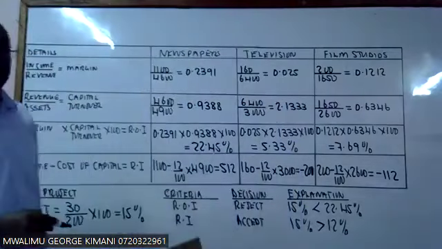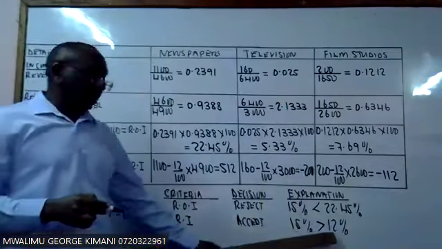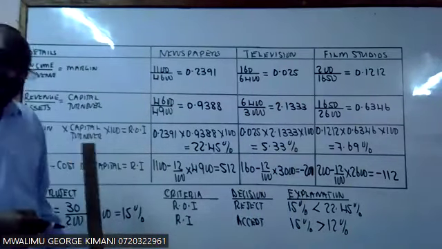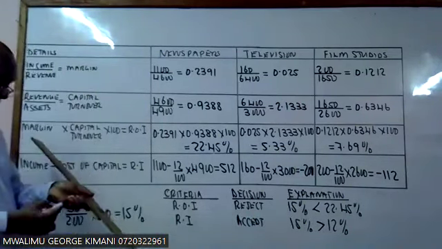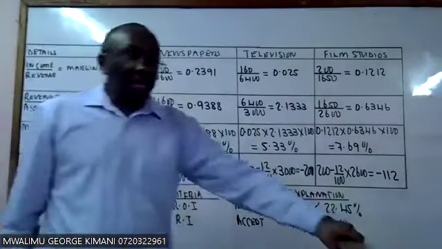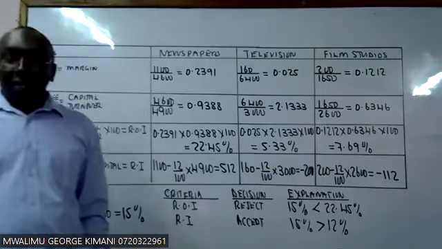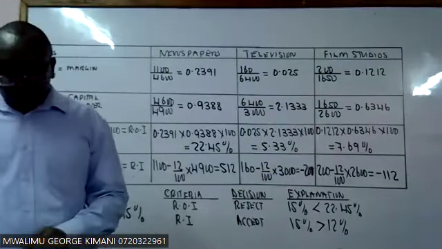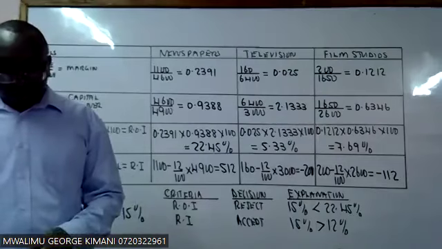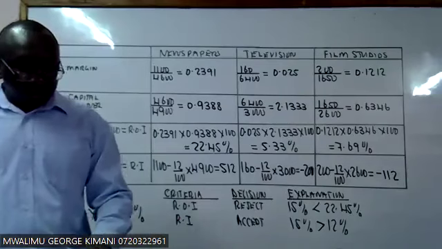So when you're using the residual income method, we compare the return on investment with the minimum required rate of return. Then we decide whether we shall accept or reject. So that is all about that question. Unless kuna swali.